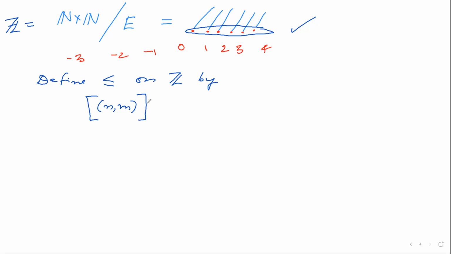Now that class is less than or equal to this class if and only if N plus M prime is less than or equal to N prime plus M.